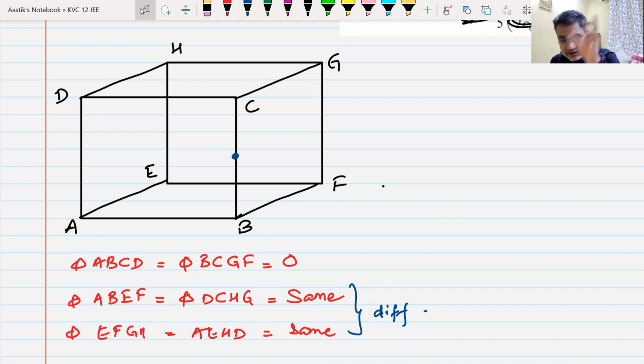What is the flux through this entire cube? Just first answer this one, and then we'll go ahead. In this question, when I had a charge placed at the center of the edge, what is the flux through the entire cube?